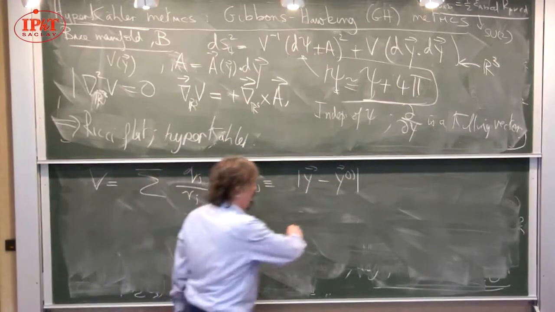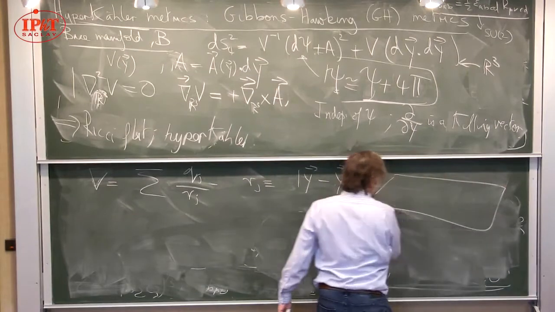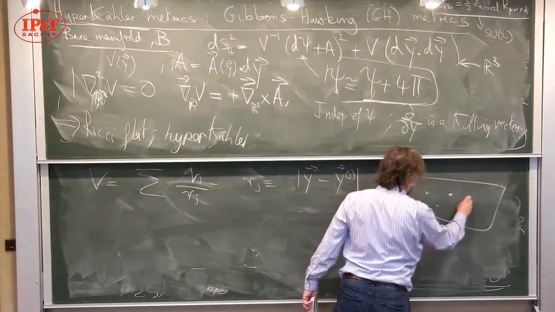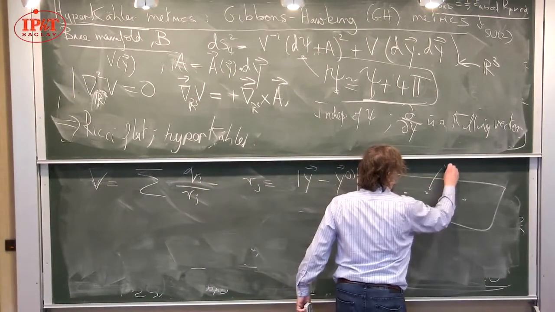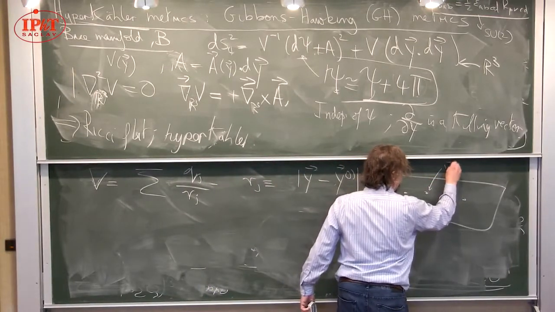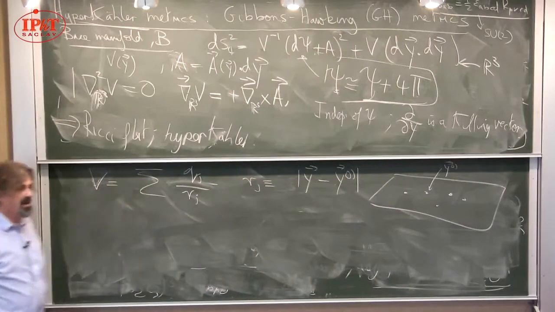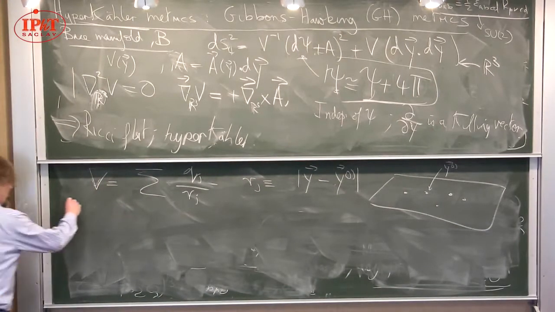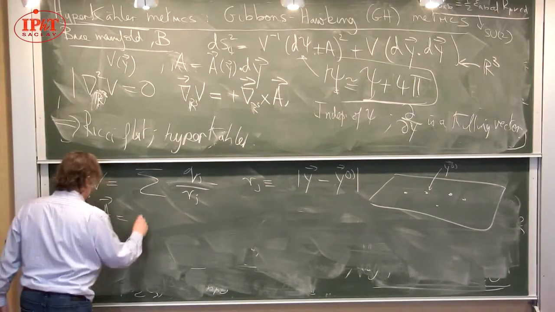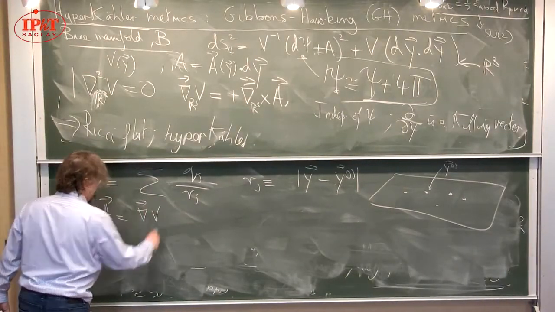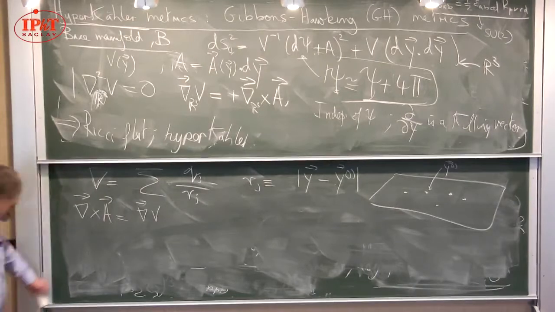In other words, we have our R3, and over it we sprinkle some points, typically called Gibbons-Hawking points. These are the points y_j where we're going to allow sources for V to occur. And then you have to solve del cross A equals the gradient of V, and that's an elementary electromagnetic exercise.